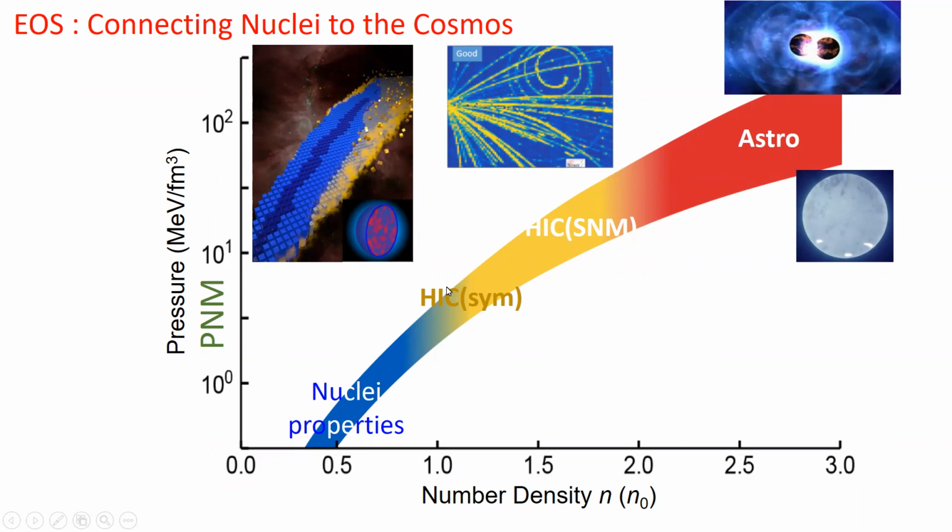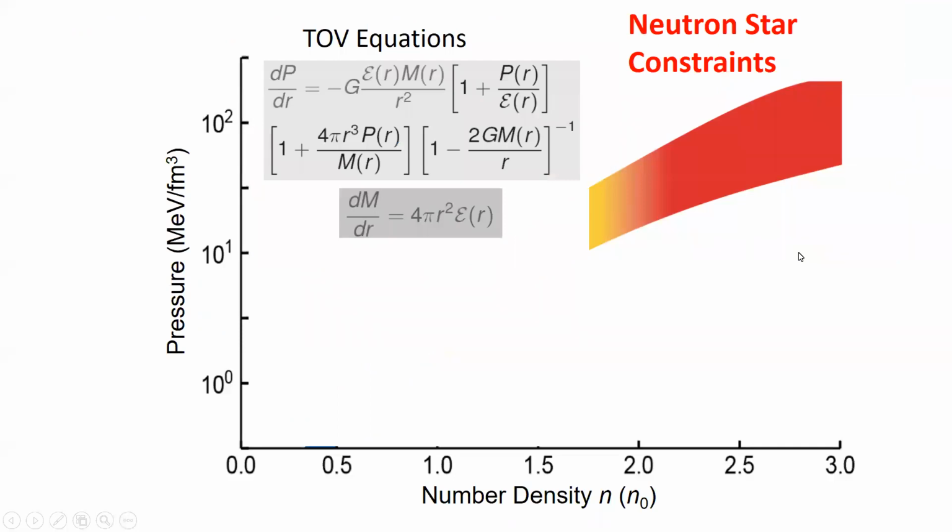I will first talk about selected constraints, so you get some ideas. Then our group uses Bayesian inference to combine all these constraints to obtain the equation of state, as shown here, for pure neutron matter.